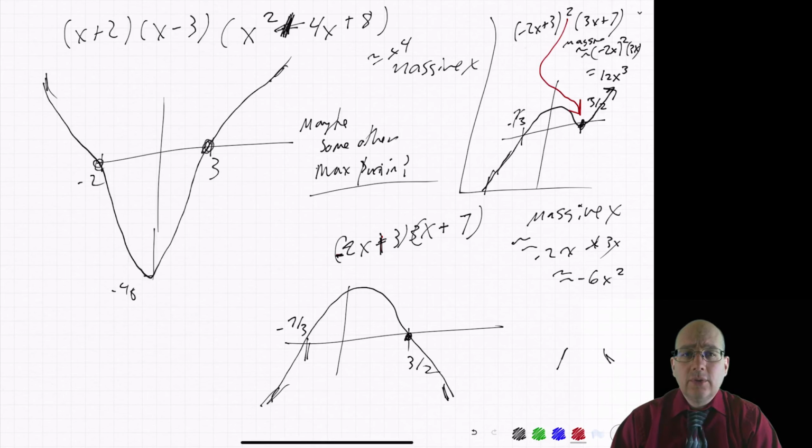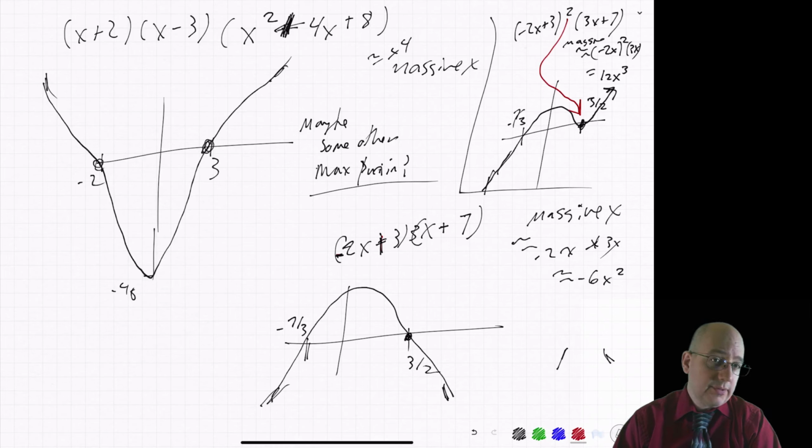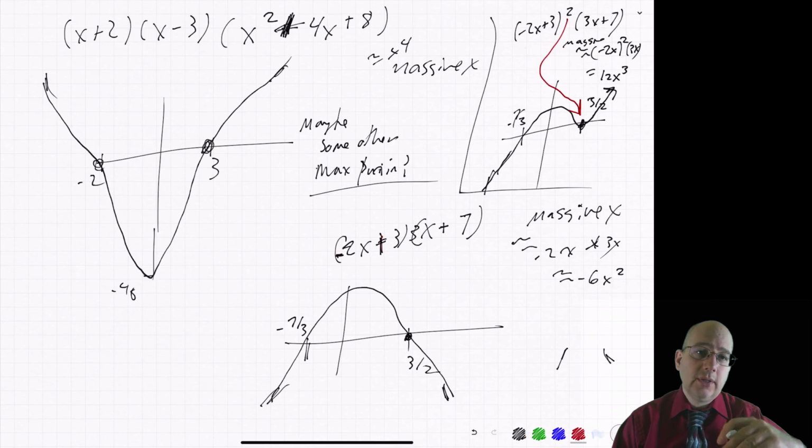You know, to get good at this, I would suggest just writing down a bunch of factors like this, trying to graph it by hand. You know, think massive x, think about what the zeros, what the behavior is at those zeros. You know, does it bounce or not? If it's linear, it doesn't bounce. Or if it's an odd power, it doesn't bounce. Like a cube, it'll flatten. Well, as the powers get higher, the thing flattens out more and more there.